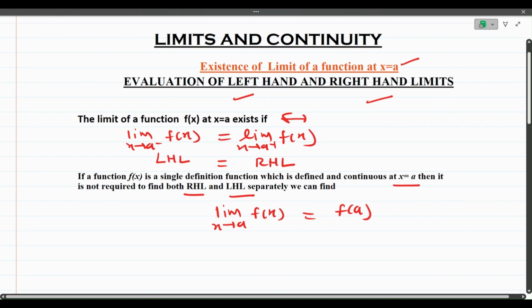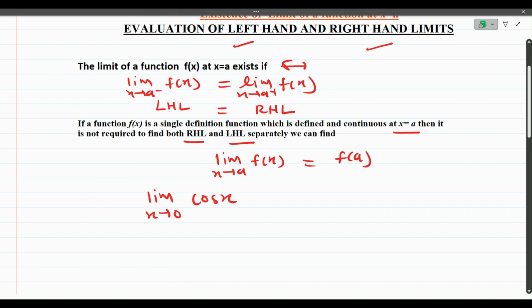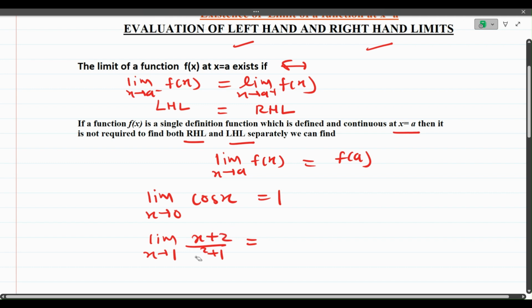For example, limit x tends to 0 of cos x. Now if you substitute 0, it is equal to 1, and cos x is continuous and defined at 0, so we are not getting any indeterminate form. Also, let's say x tends to 1, and the function is x plus 2 over x squared plus 1.